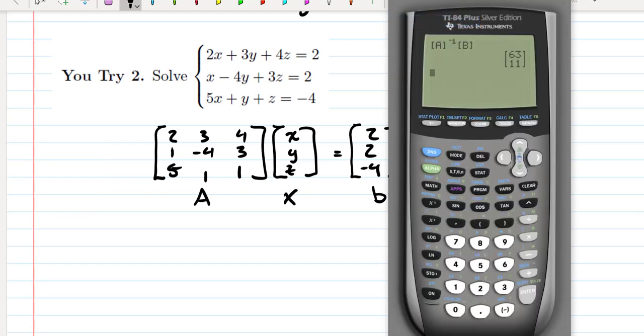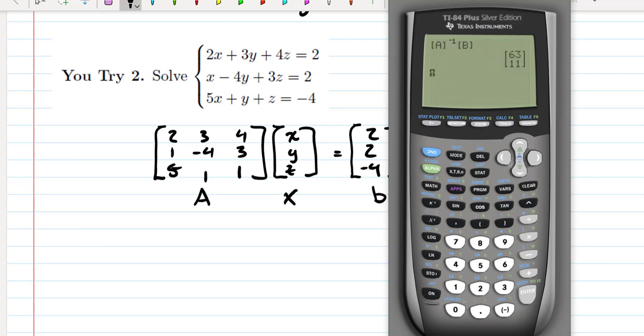I go ahead and put those into my calculator. So second matrix, I go over to edit. This time my matrix A is 3 by 3. So I have 2, 3, 4, and then 1, -4, 3, and 5, 1, and 1.